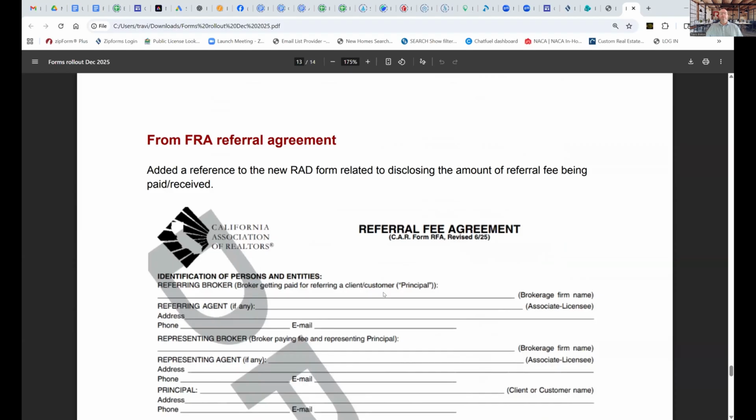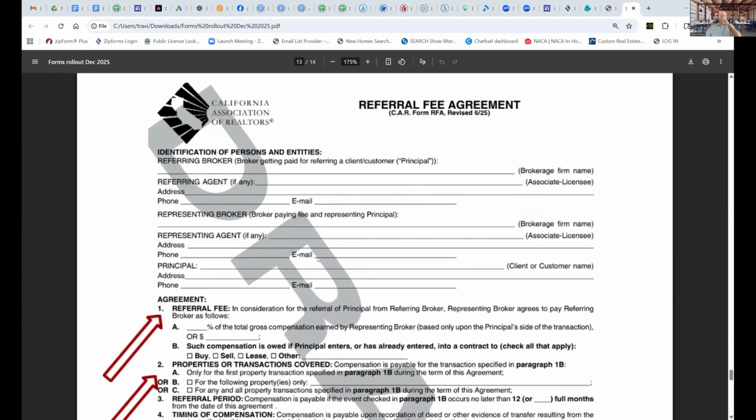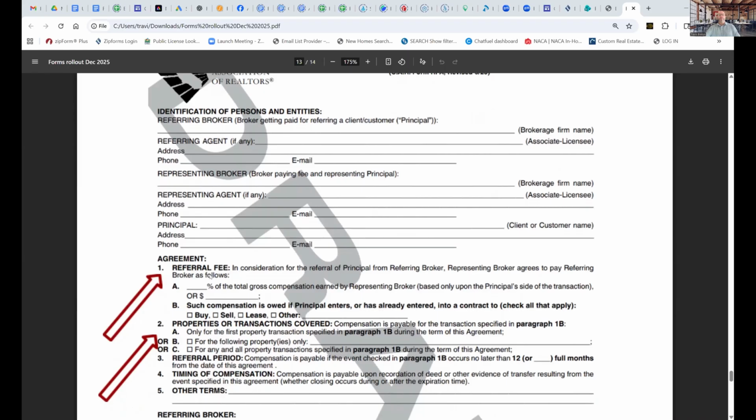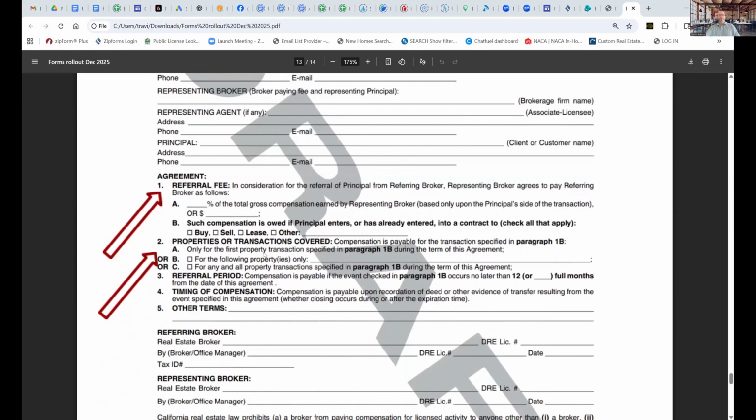And then the referral agreement form, this is the last one. They added a reference to the RAD form on this. So you'll see right here, the referral fee gets placed here, the amount, and then which transactions are covered, and then for how long, it's defaulted to 12 months on this.